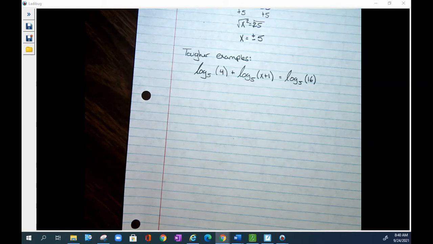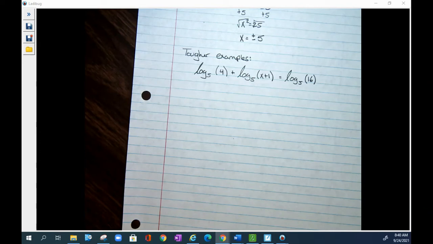Okay, so we're going to have to start paying attention here because sometimes it's beneficial to evaluate logs, sometimes it's not. Here, what I notice, because we've been doing log properties for forever, is that I've got 2 logs being added here, right?